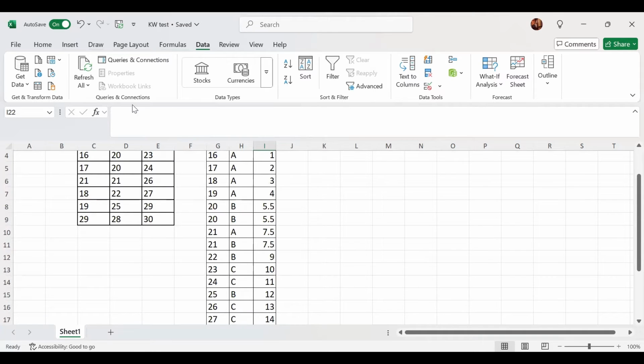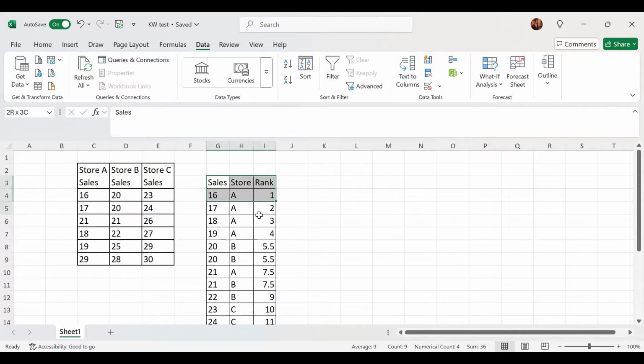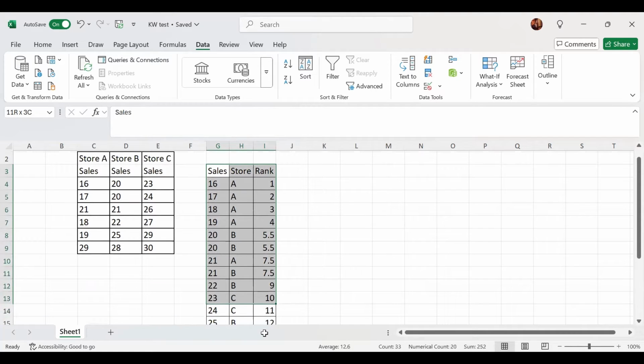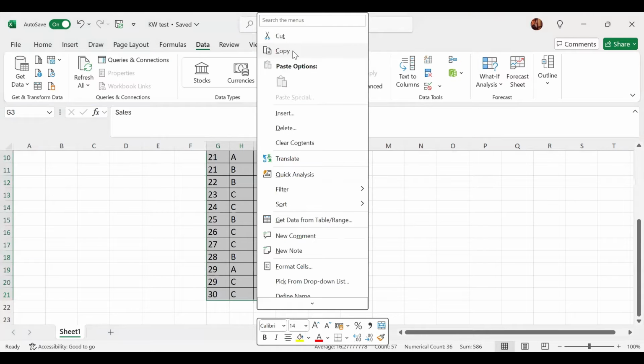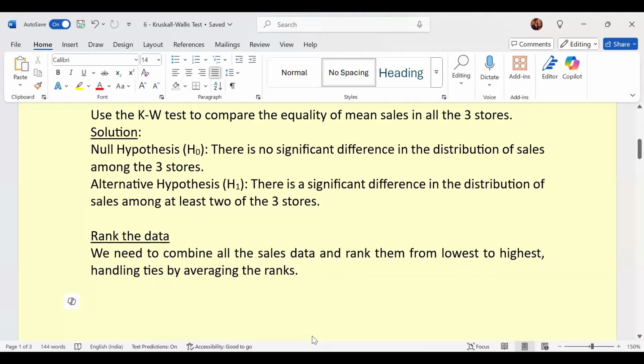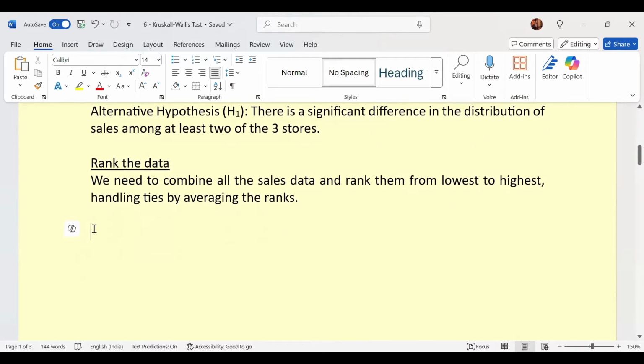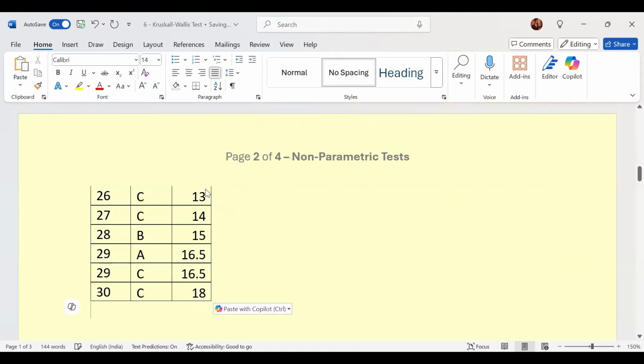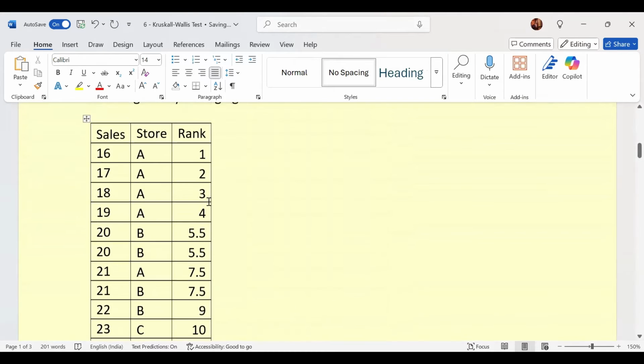So now let us copy this into our Word file. So it is being copied now.